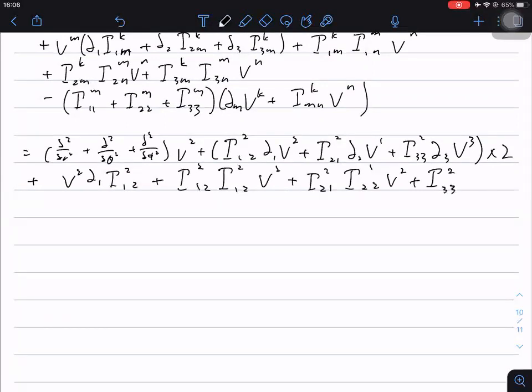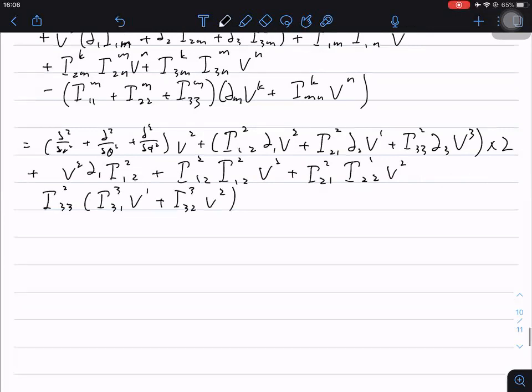2 3 3 is non-zero, so 3 3. In this case, both 3 3 1 and 3 3 2 are non-zero. So let me put it this way: 2 3 3 3 3 1 V1 plus 3 3 2 V2. And the final terms for K2B.